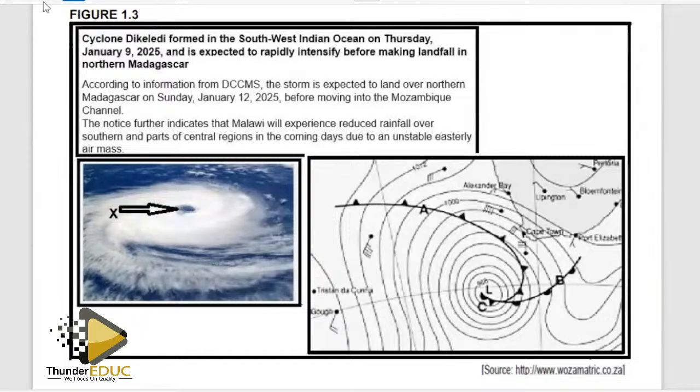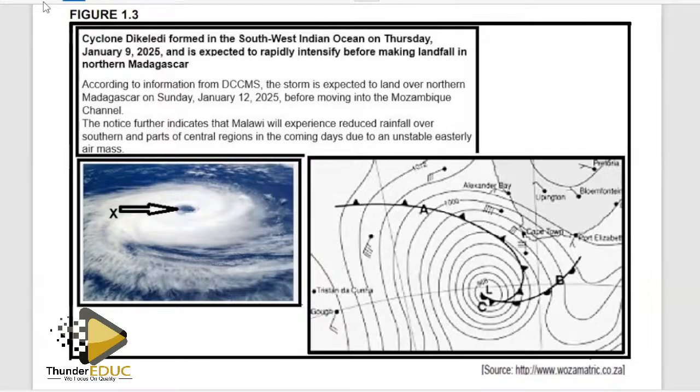It's based on a tropical cyclone, Cyclone Dikeledi, formed in the Southwest Indian Ocean on Thursday, January 9, 2025, and is expected to rapidly intensify before making landfall in northern Madagascar. That's the heading of our infographic.